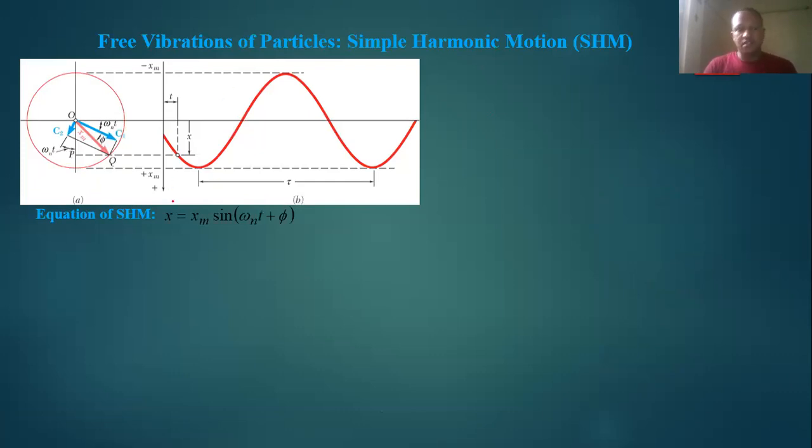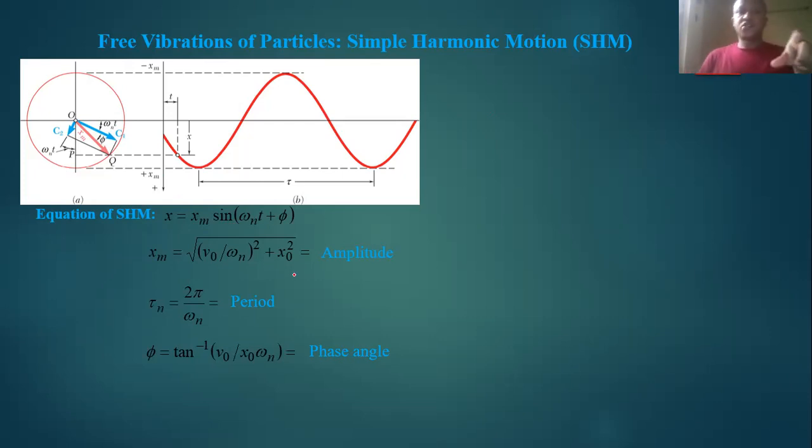This is also another representation of free vibration of a particle in the simple harmonic case. Here we can see the equation of motion and maximum amplitude. The maximum amplitude is the square root of C1 square plus C2 square. The natural time period is equal to 2 pi over omega n.